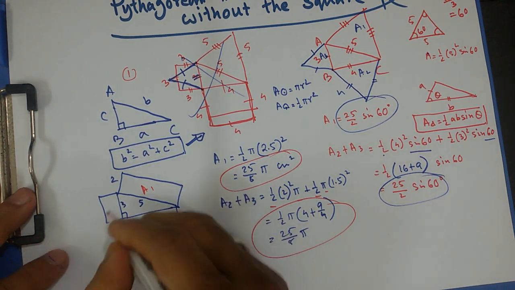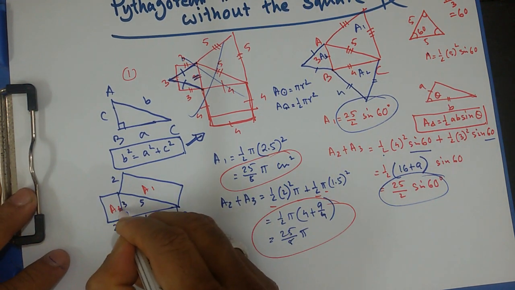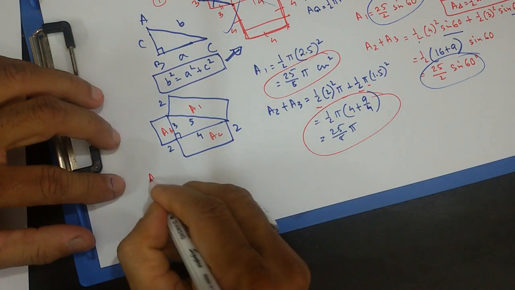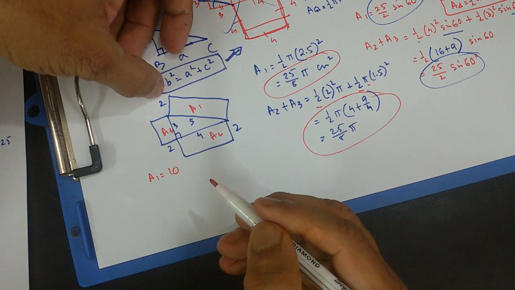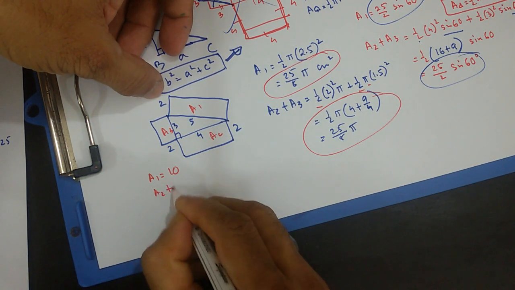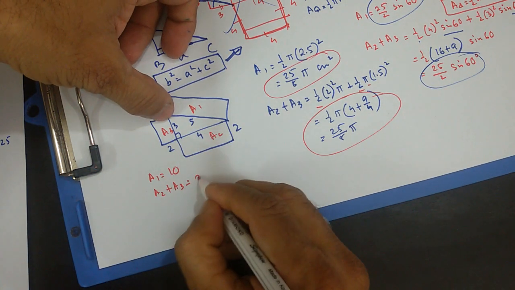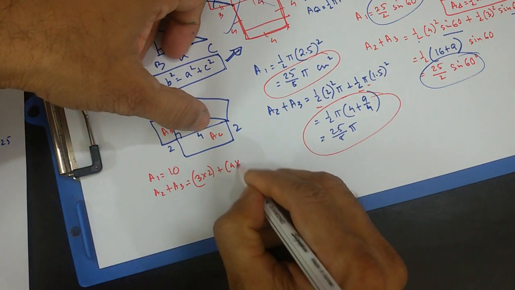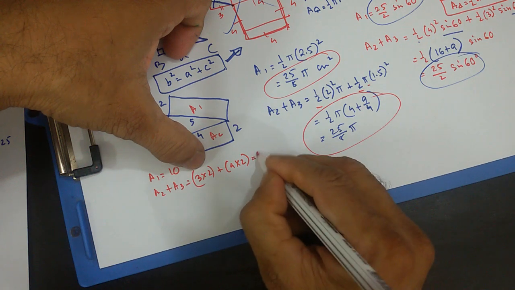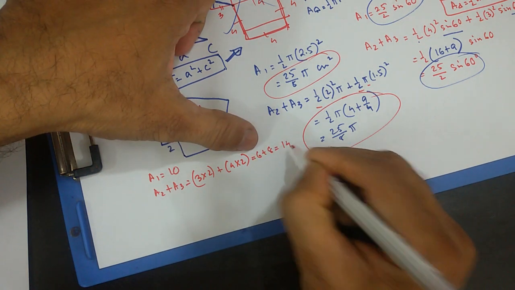Again, area 1, area 2, area 3. So what is area 1? Area 1 gives me 5 times 2 is 10, length into breadth. What about area 2 plus area 3? That's going to be 3 times 2 for area 3, and 4 times 2 for area 2. So that's 6 plus 8, that's going to be 14.